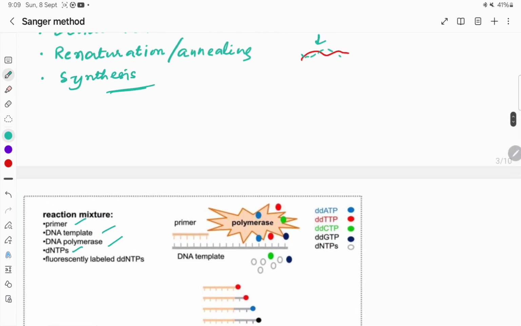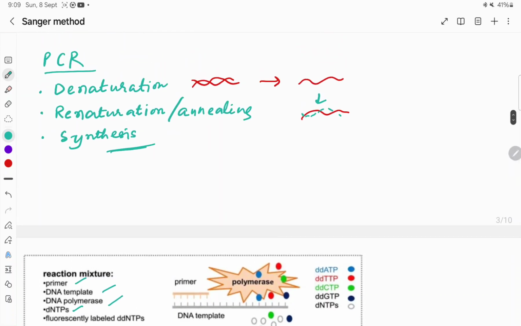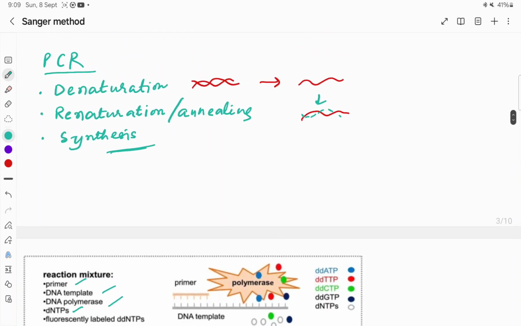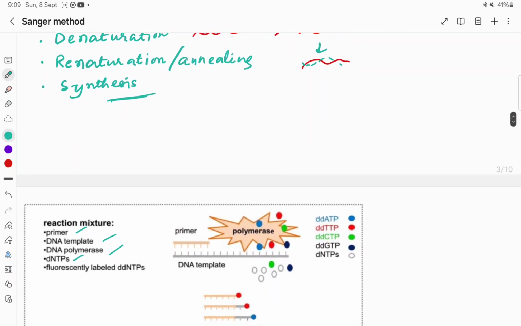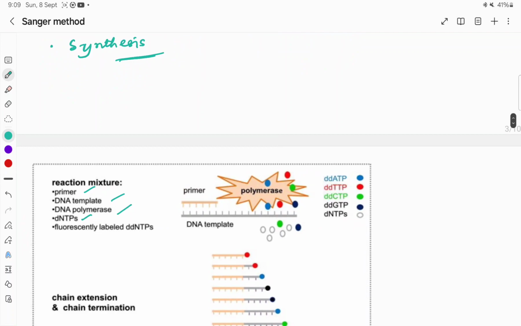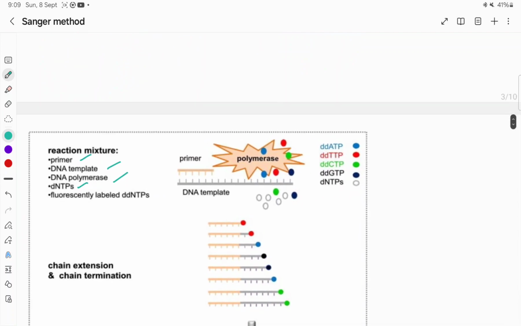As we have already studied in PCR, please go through that PCR video. Because of the presence of this reaction mixture, there will be elongation of the DNA template.